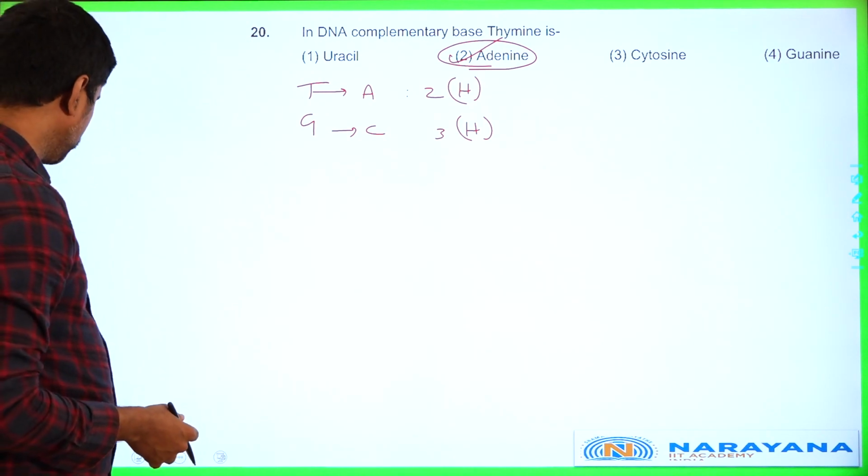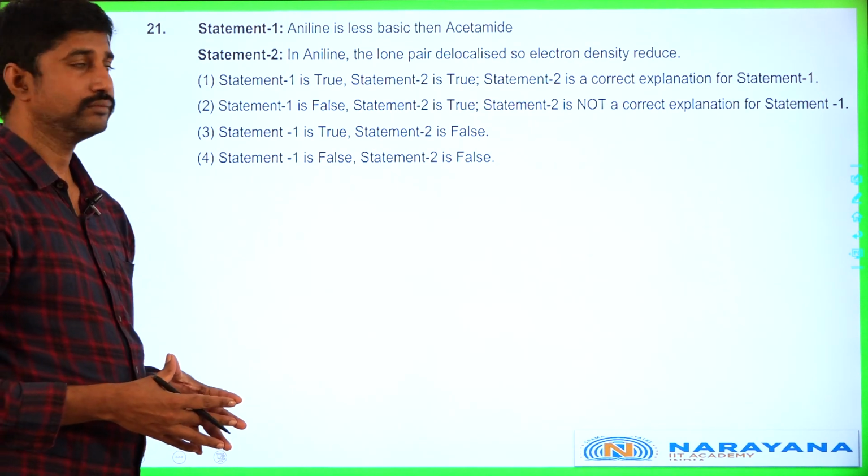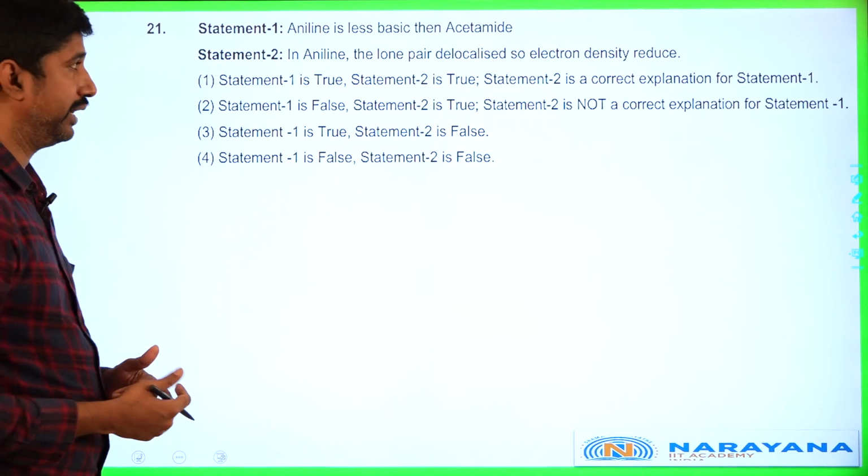Now let us go for the next question. Question number 21. Aniline is less basic than acetamide.